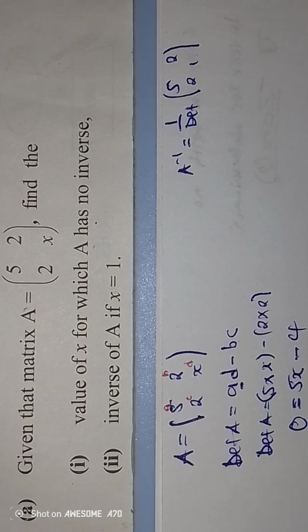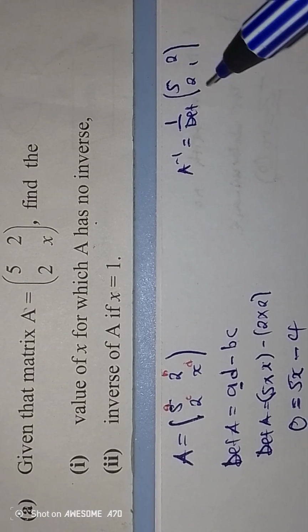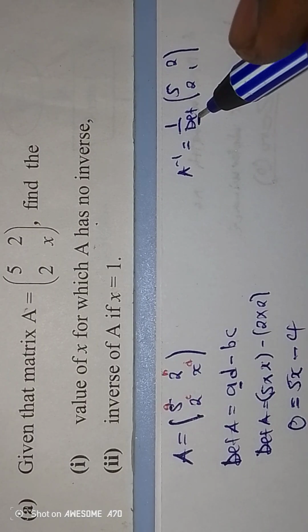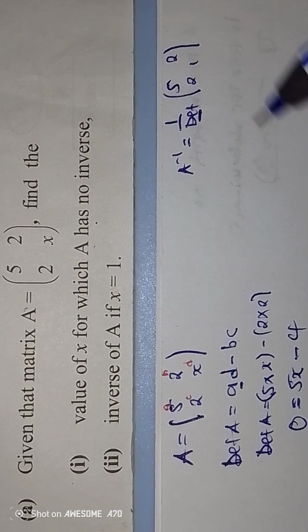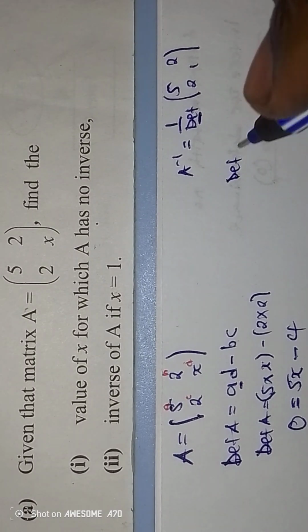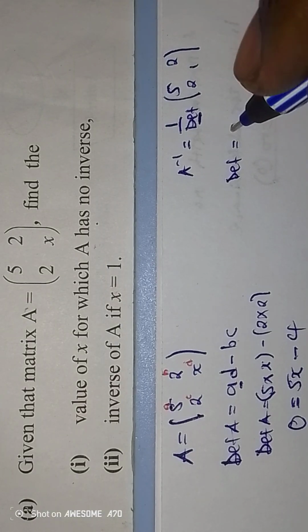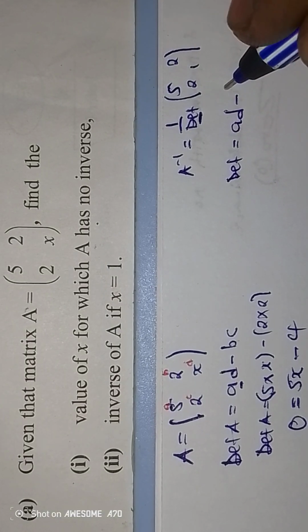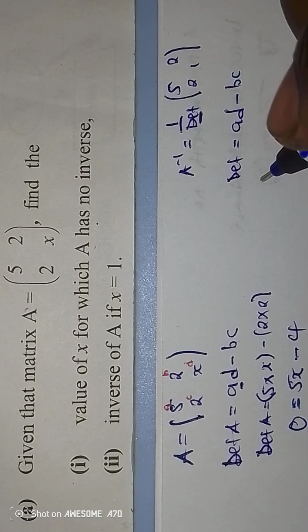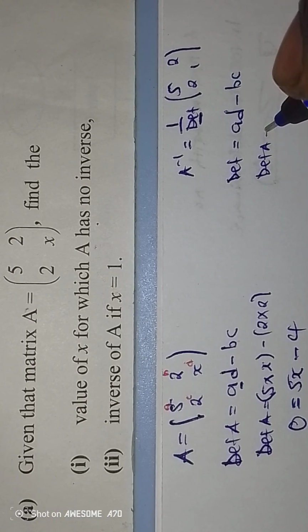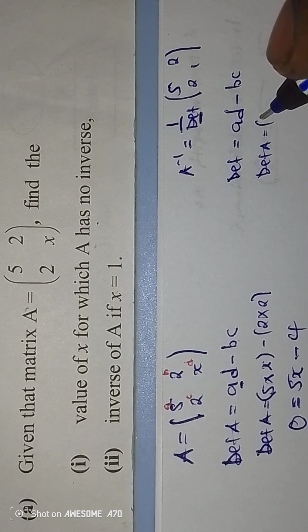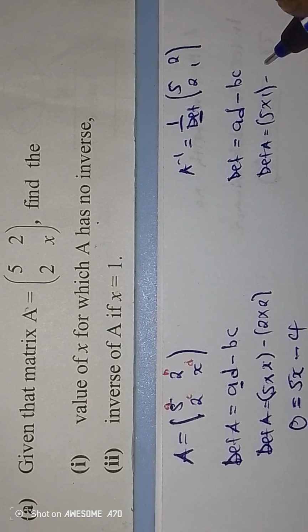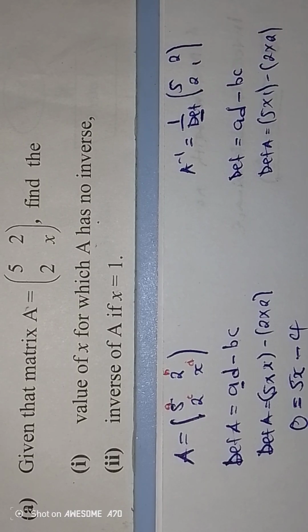To find the inverse, first of all, you need to find the determinant, now that the value of x is given to be 1. You simply use the same formula. Determinant is equal to AD minus BC. So determinant of A is equal to 5 times 1 minus 2 times 2.